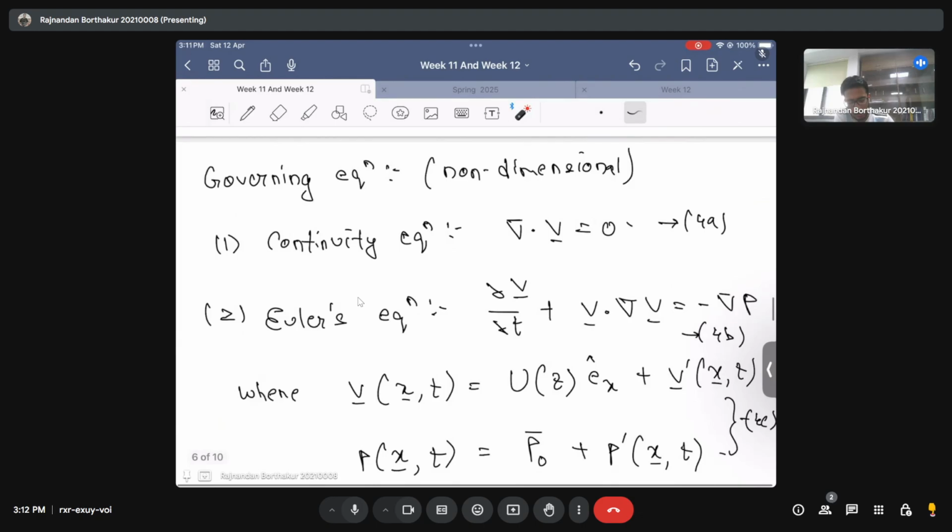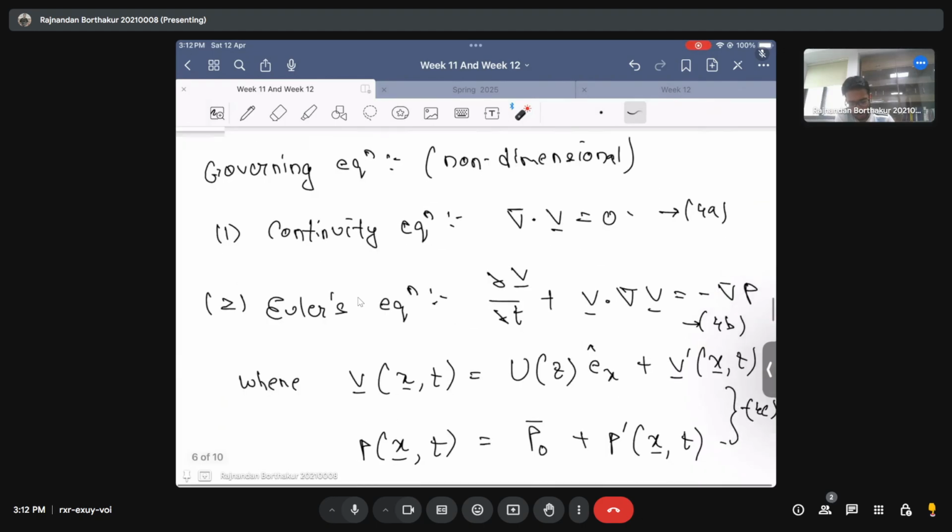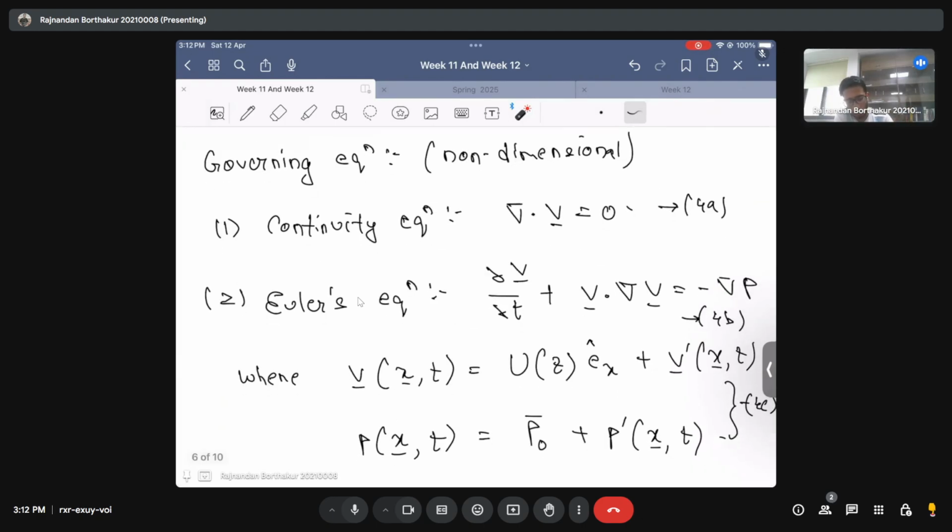What we did is we plugged in these non-dimensional variables, as we had been doing repeatedly in our analysis: we define certain characteristic scales, we write the non-dimensional variables, and then substitute them into the dimensional governing equations to get the non-dimensional governing equations. In doing that, we wrote the governing equations satisfied by the aggregate, this time non-dimensional, variable.